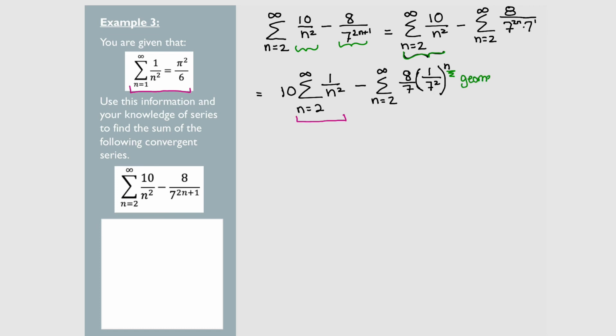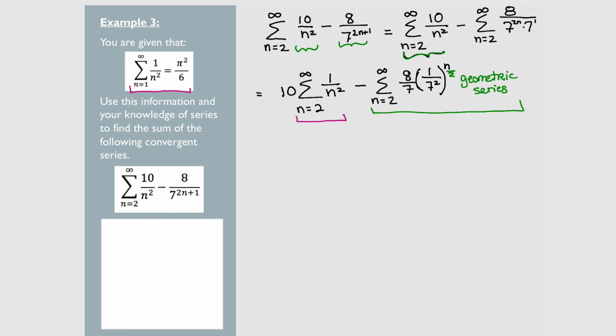That's a clue when the n is in the power that I have a geometric series. And I know what to do with a geometric series and how to find the sum of a geometric series. So it now breaks my problem down into 2 pieces, one of which I'm given and the other piece which I know how to find.